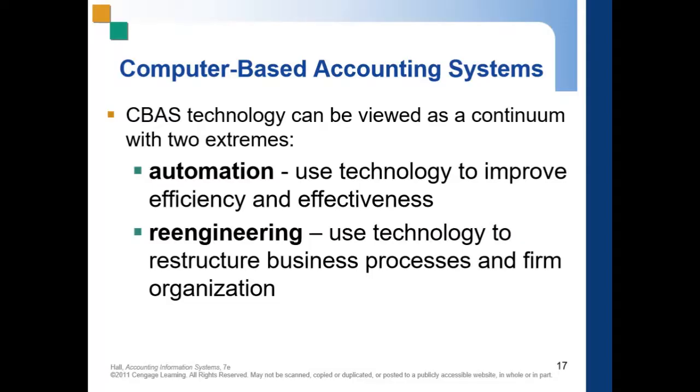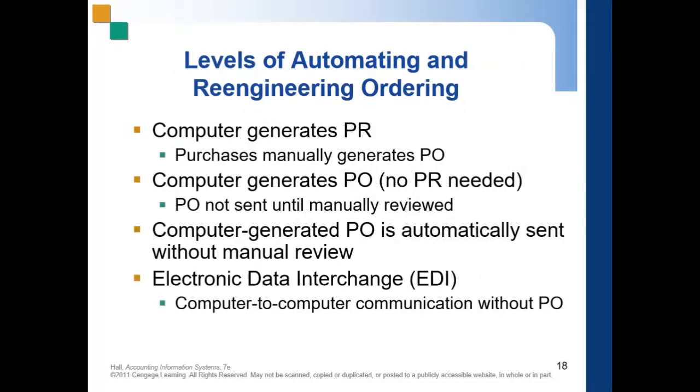What is automation and what is reengineering, because this was also discussed in the previous chapter when we talk about the revenue cycle. So, as a recall, automation is when you use technology to improve efficiency and effectiveness. While reengineering is you use technology to restructure business processes and firm organizations.